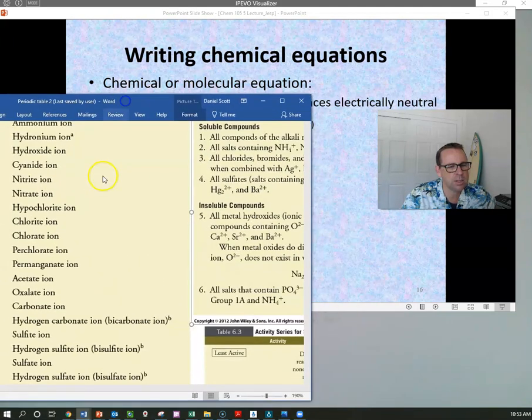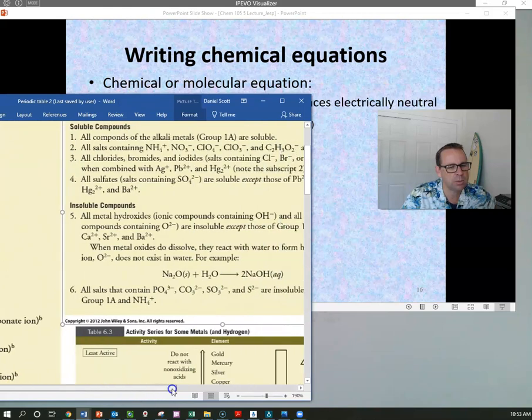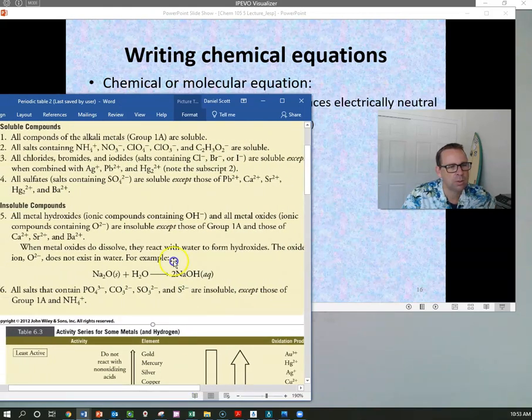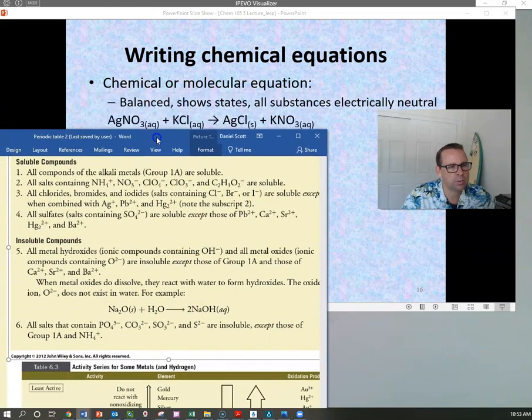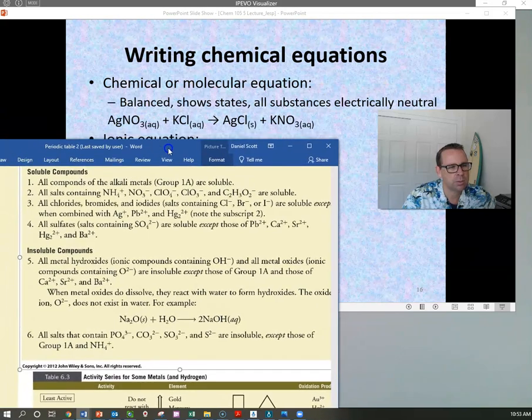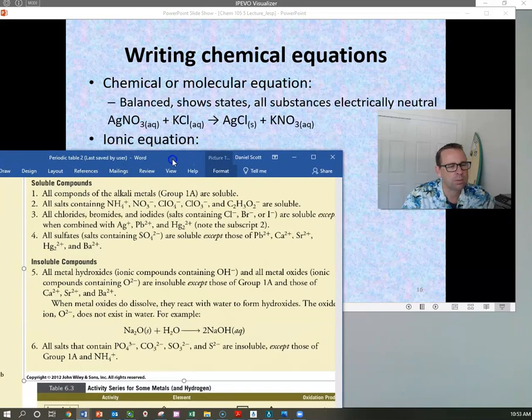Let's see what solubility rule helps us out with the silver nitrate. Which one tells us that silver nitrate is soluble? Which solubility rule? Number 2. Oh, very good. Number 2 says that all salts containing nitrates are soluble. And look, no exception. That's a great rule.